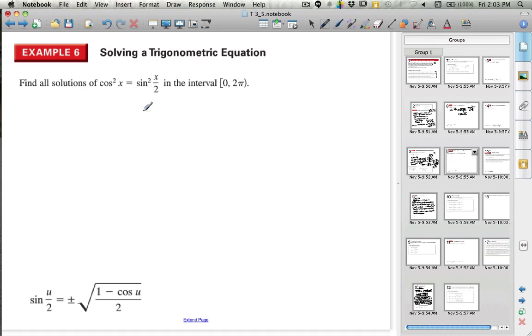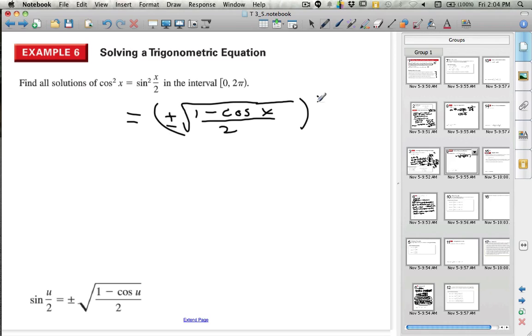So if I look at the sine squared of u over 2, that's going to be plus or minus the square root of 1 minus cosine of x divided by 2, squared. So I'm just going to get 1 minus cosine x over 2 equals cosine squared x.